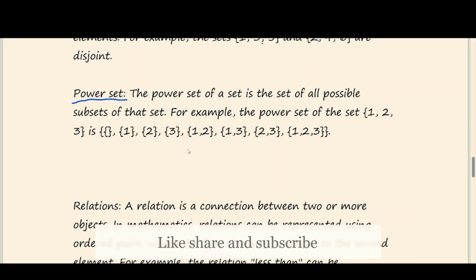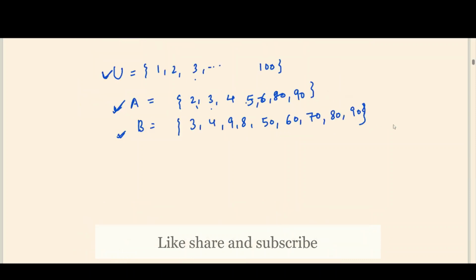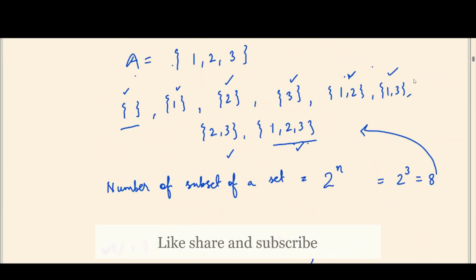So just now we have seen what the subsets of 1, 2, 3 are. Let me show you here. These are subsets of A. This is one subset, this is another subset, this is another subset. When we write all these subsets inside a set, that is called power set.